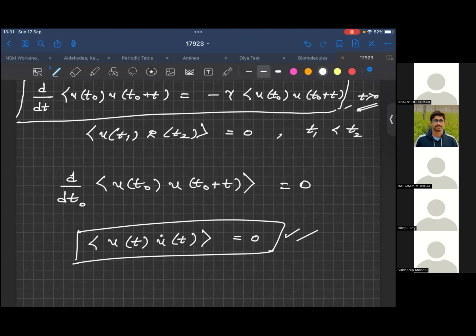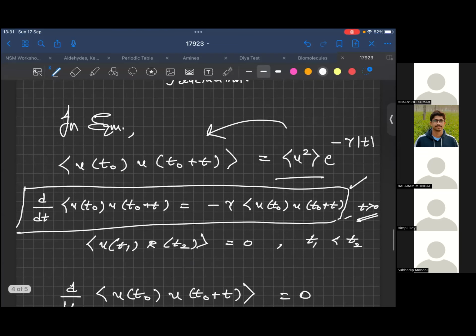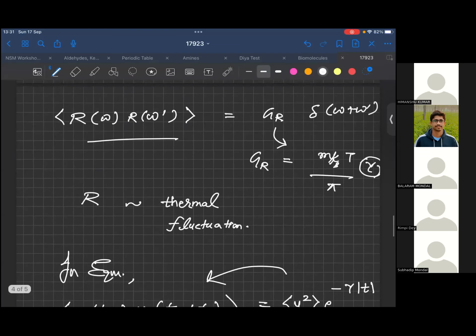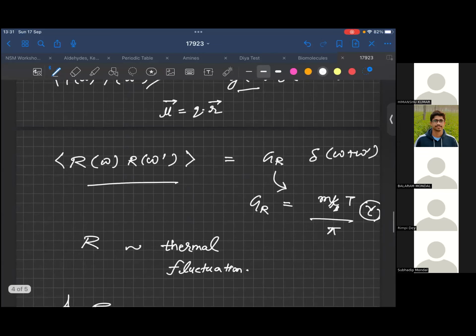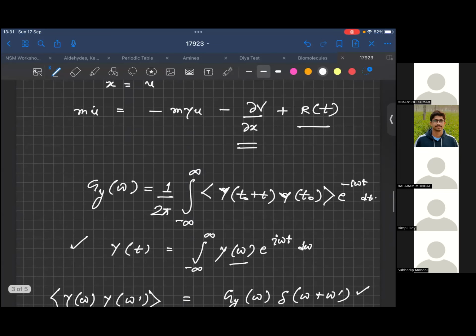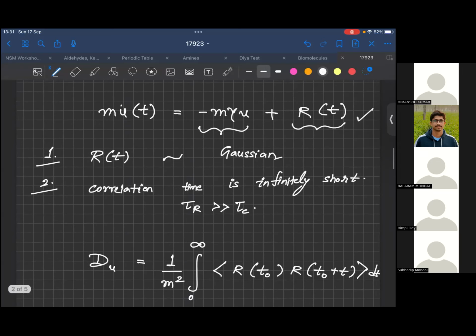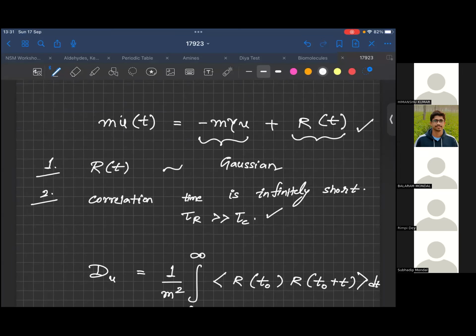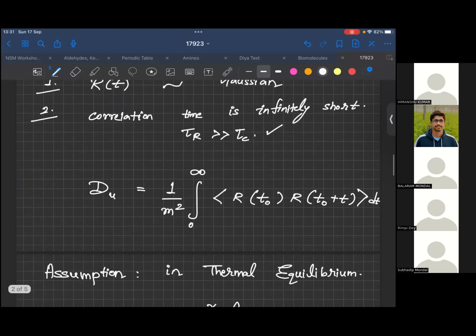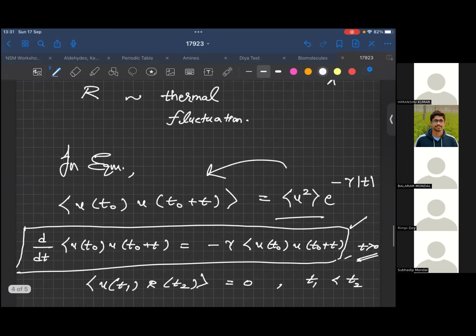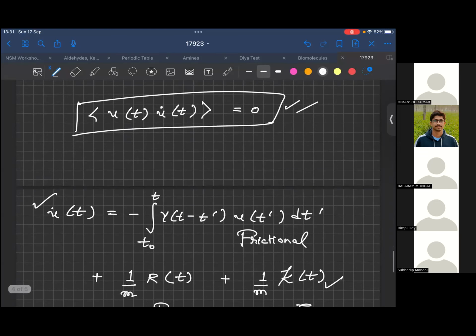In the previous one, where I gave this R of omega, there was one assumption that we took, that tau of R is going to be greater than something. This assumption is not valid in the case here. That's the difference here.